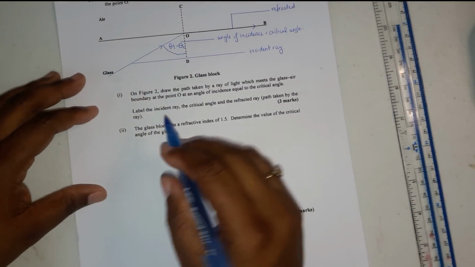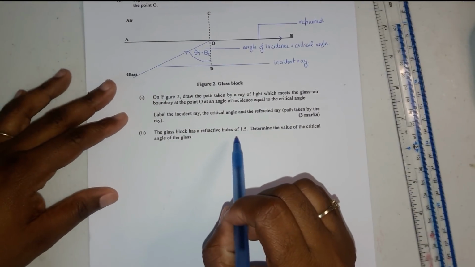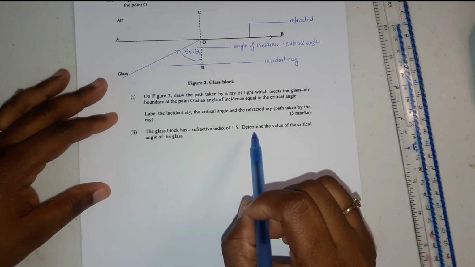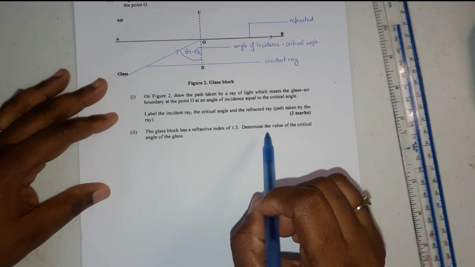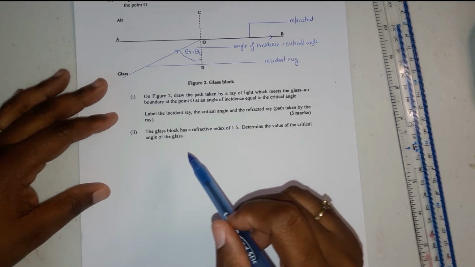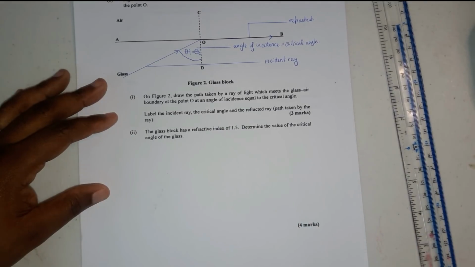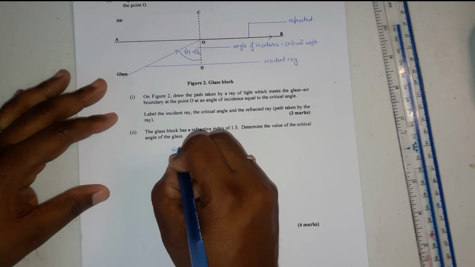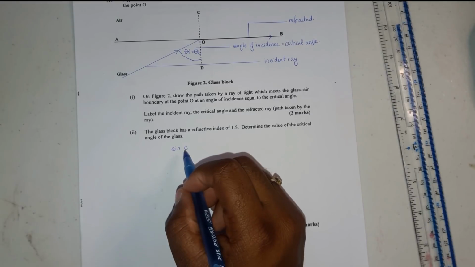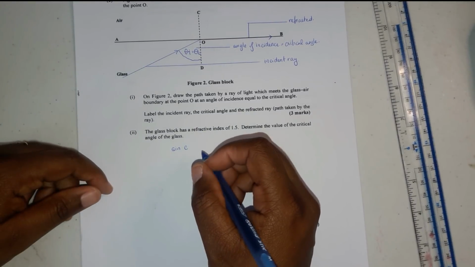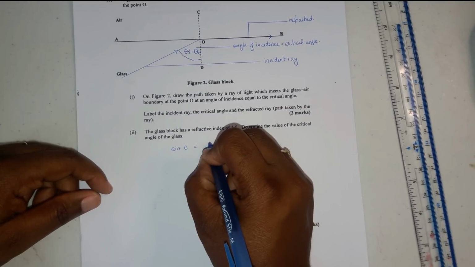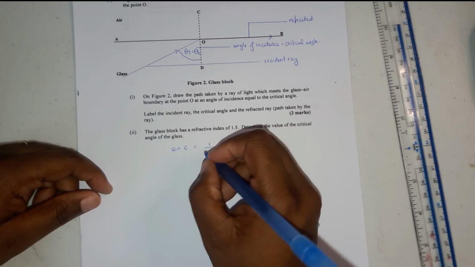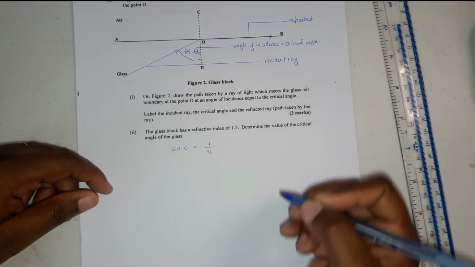Then it says the glass block has a refractive index of 1.5. So determine the value of the critical angle of the glass. So you have a nifty calculation for that. Sine C, the sine of the critical angle, is equal to 1 divided by the refractive index.